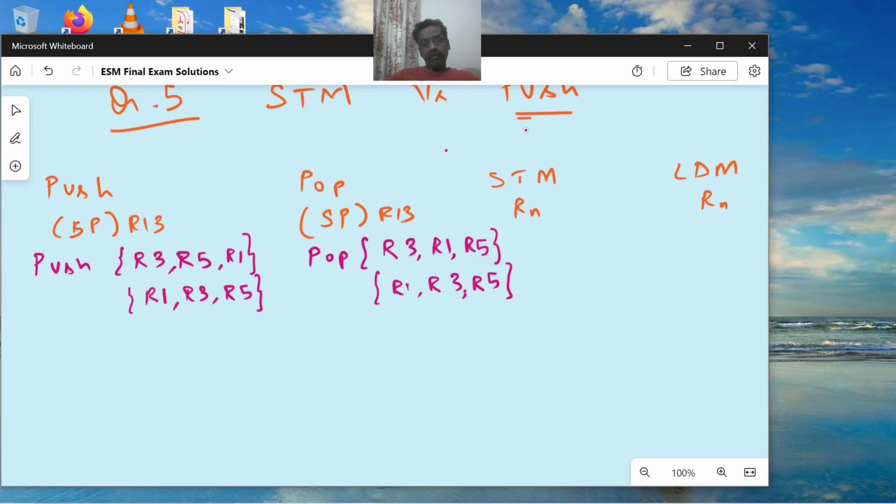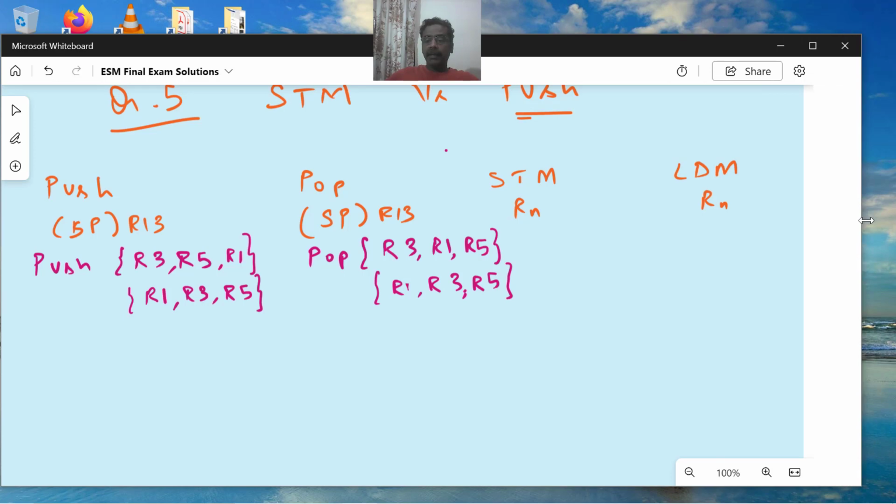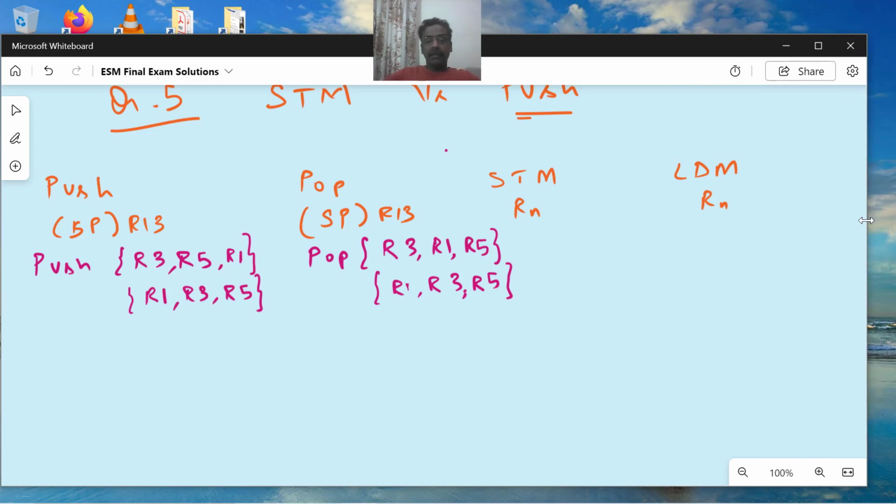Now let us do the same thing here with STM and LDM. Maybe I will increase the size a little bit, so that I can give a summary of all these instructions, where you will have a very good idea of what is happening. Now for STM, I have to be specific about one register which is going to hold the base address.